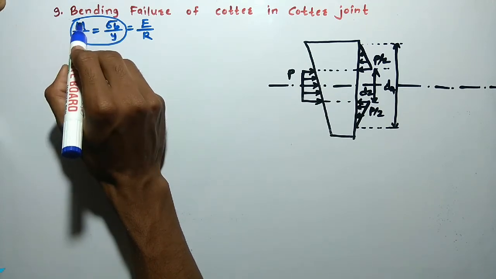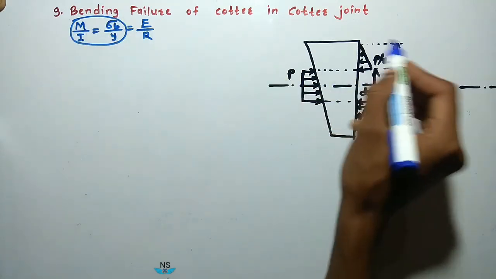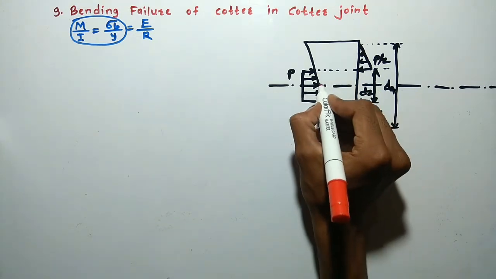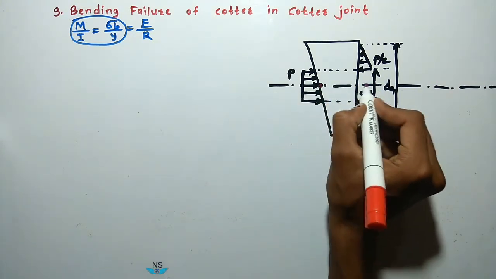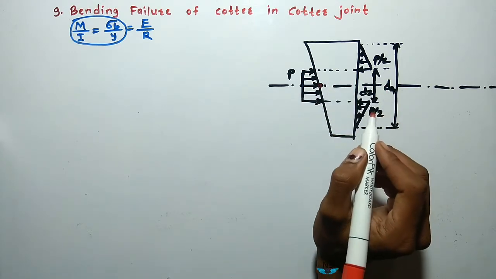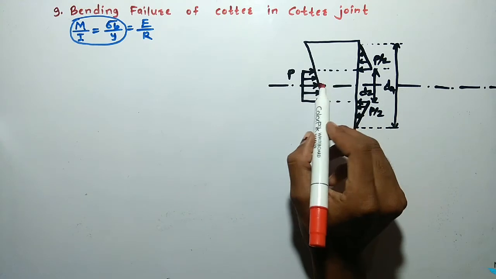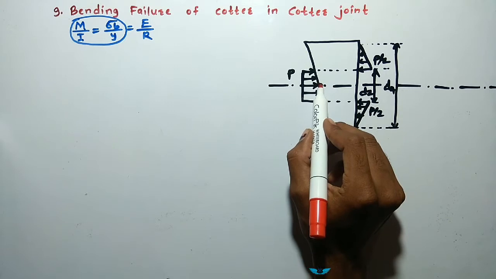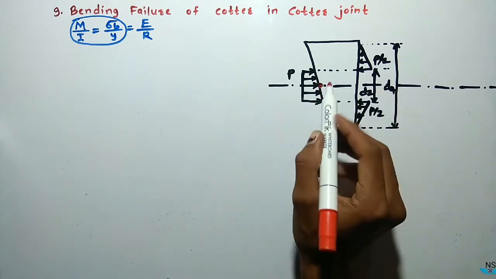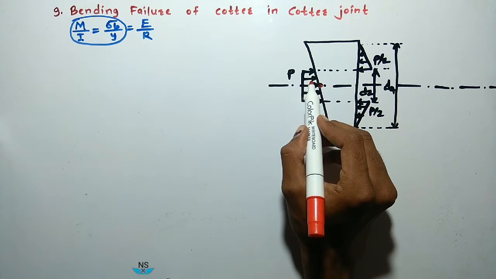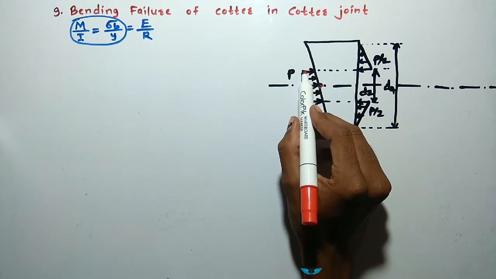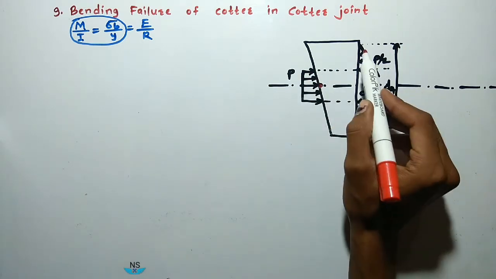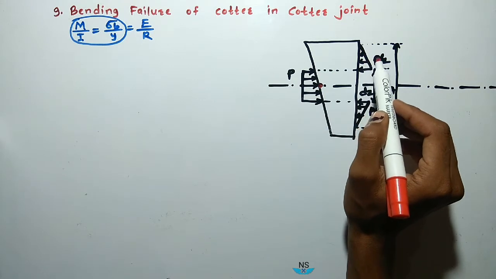So M means bending moment, maximum bending moment. In this quarter where the maximum bending moment is acting, so at the center point the moment is maximum. So we have to find, I want to find the moment, maximum moment at this center point. Now for this we require to convert this uniformly distributed load into point load and this uniformly varying load into point load.